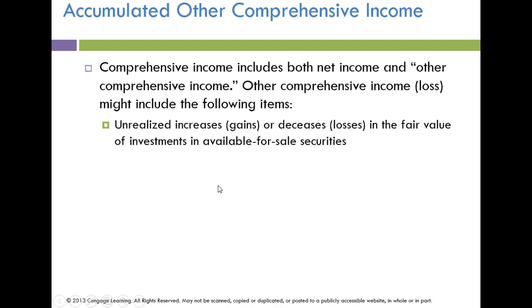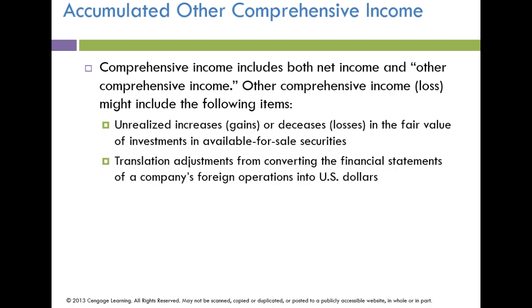Now, the net is true. The negative is true too. If I buy something at $100 and now it's worth 10, guess what? I got to show that too, because we want a realistic view of really our financial position. Make sense?